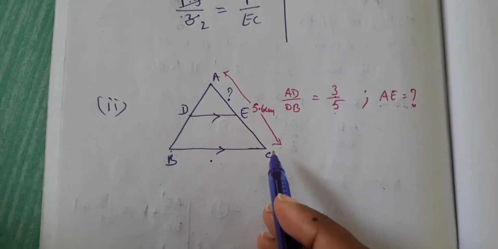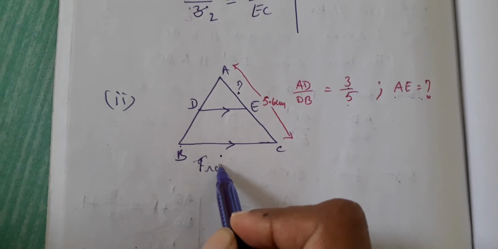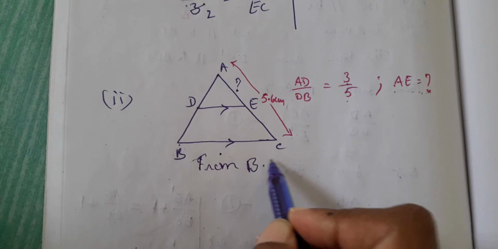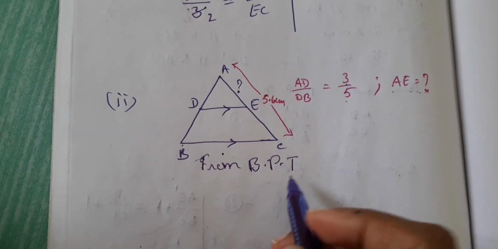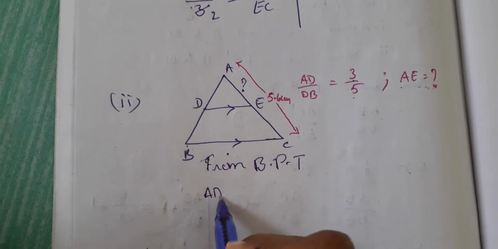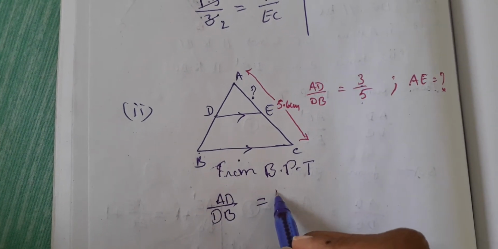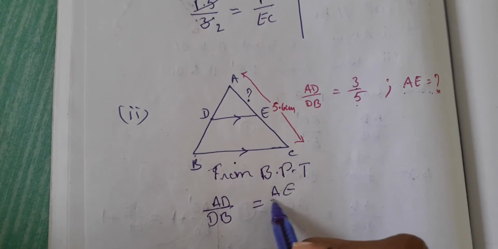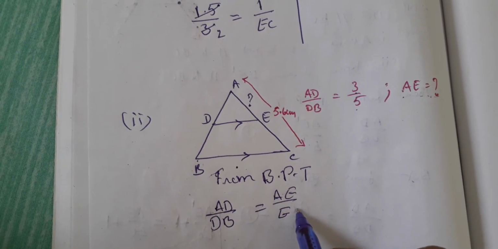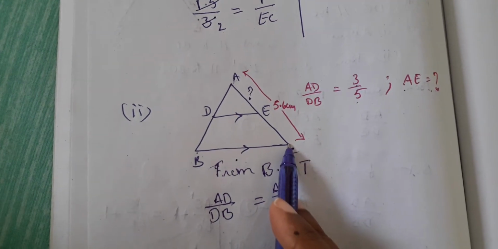Now from the basic proportionality theorem, first, without thinking anything, you can write that one. If you don't get the idea also, don't stop. Just keep writing, then afterwards automatically you will get the idea. AD by DB is equal to AE by EC. Now observe the triangle. What is given? AC is given.